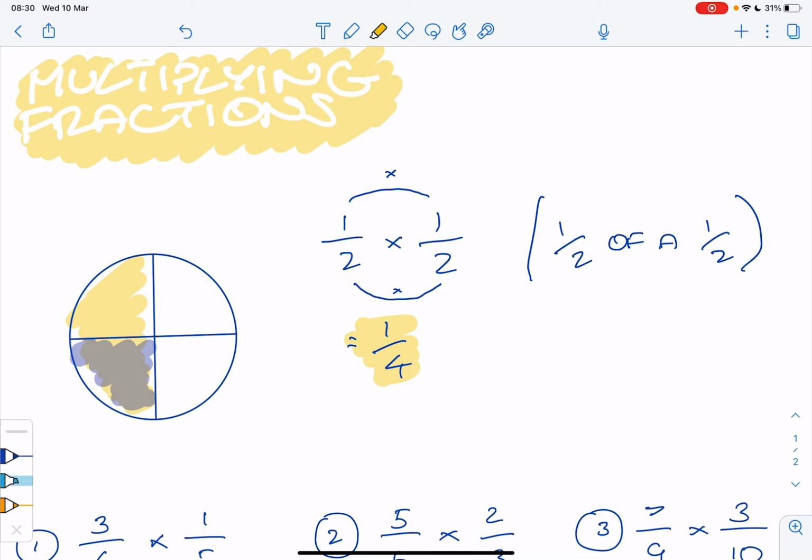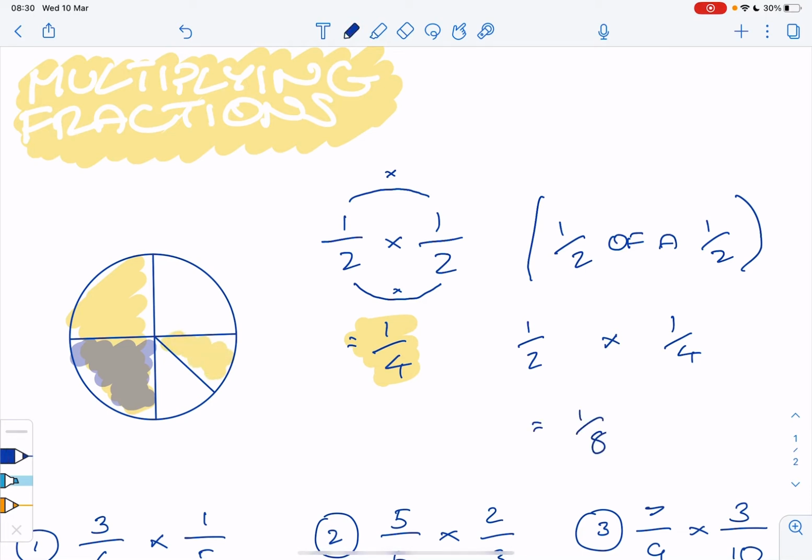Similarly, if we wanted to do something like a half of a quarter, which is just the same as a half times a quarter, we can see what we've got in terms of a quarter here. If I was to split it in half again, then this space that we're left with is just an eighth.